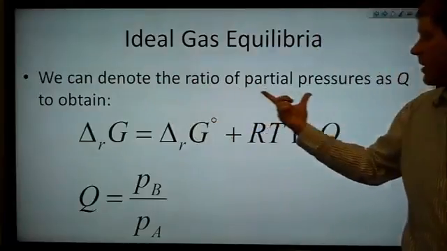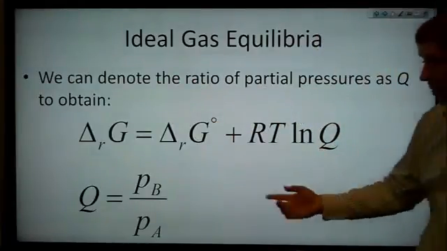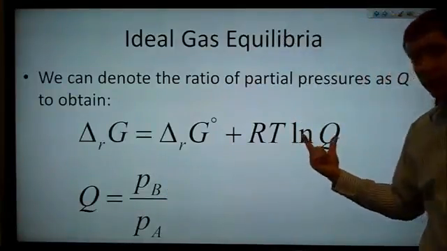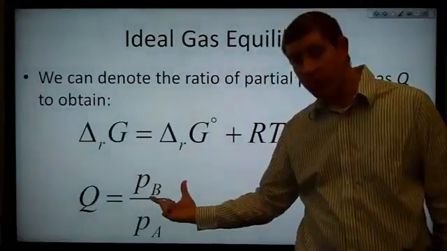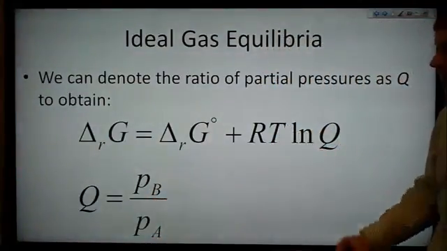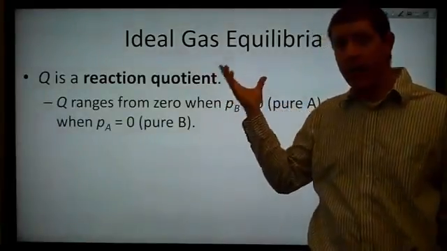Now we can denote the ratio of partial pressures as Q, so we plug that in here. The only thing we've done is replace, in the natural log, the pressure of B over the pressure of A with this value Q. So Q now is our reaction quotient.